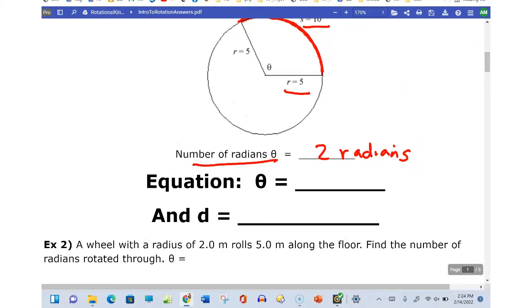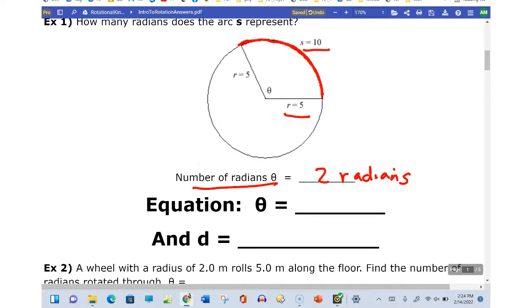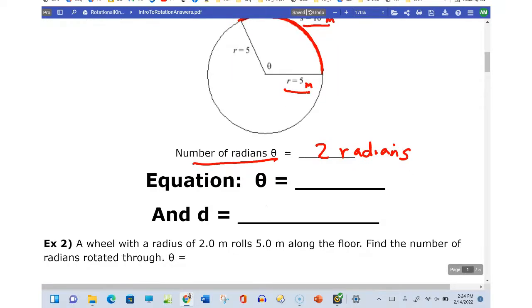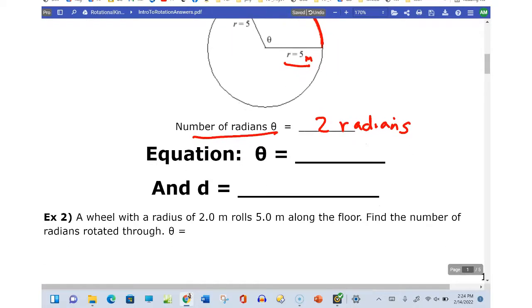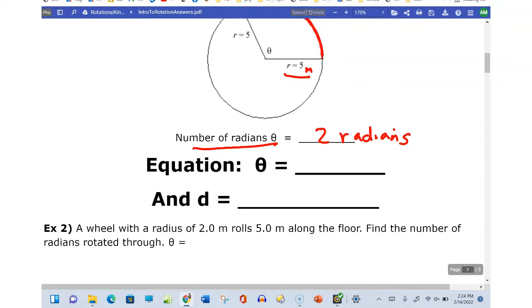So the basketball has rotated 2 radians if its radius is 5 and it's rotated along the floor a distance of 10 meters. We'll just make these meters. So the equation is: the radians is the distance you've traveled divided by r. In the example we just did, it traveled 10 meters and my radius was 5.